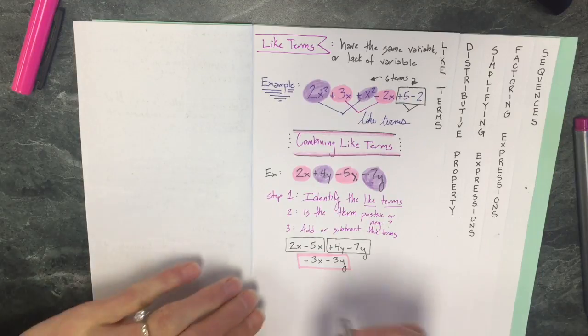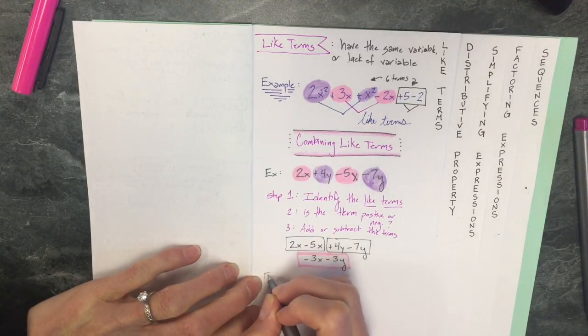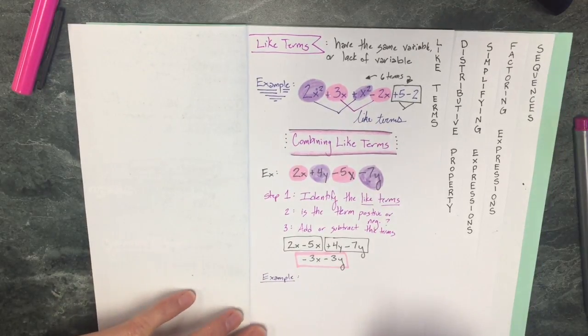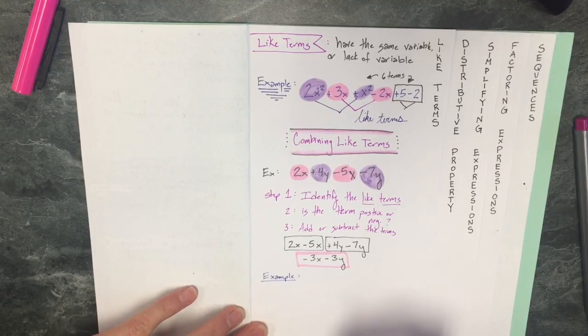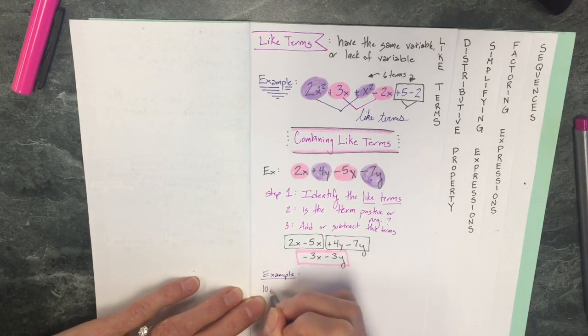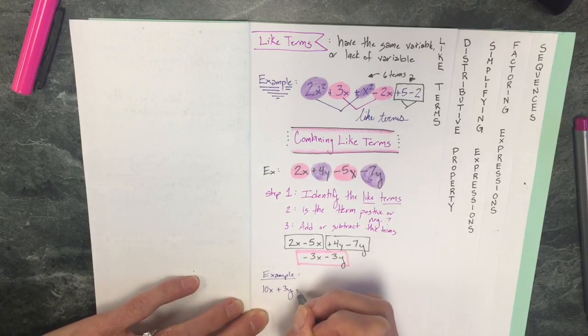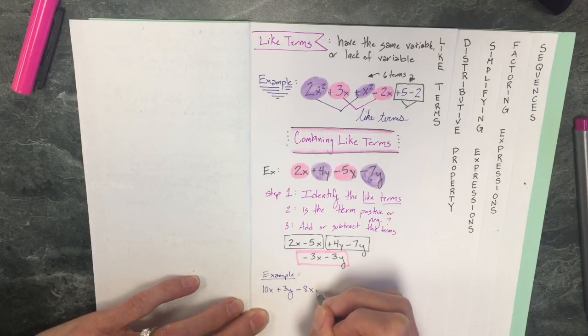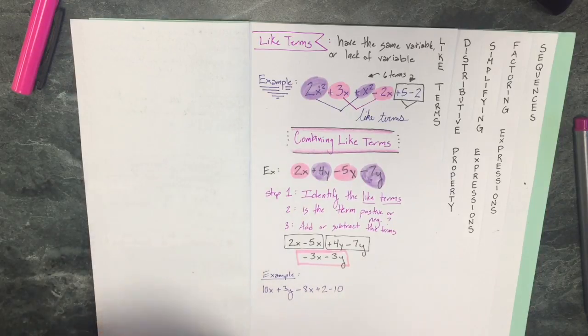So let's do another example that's a little bit more complicated. Let's try 10x plus 3y minus 8x, let's see, plus 2 minus 10.